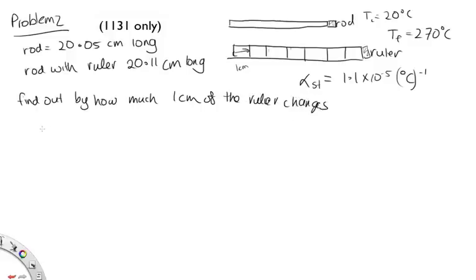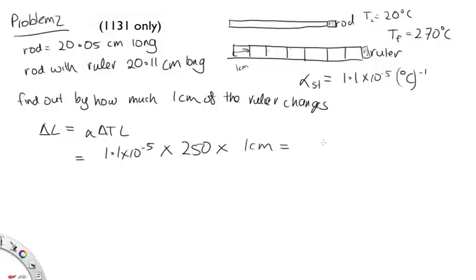Okay, so the change in length of the ruler is equal to alpha delta T L. That's for anything, and so for the ruler it's 1.1 times 10 to the minus 5, our coefficient of expansion. The change in temperature is 270 minus 20, so that's 250, and we're looking at per centimeter, so 1 centimeter.